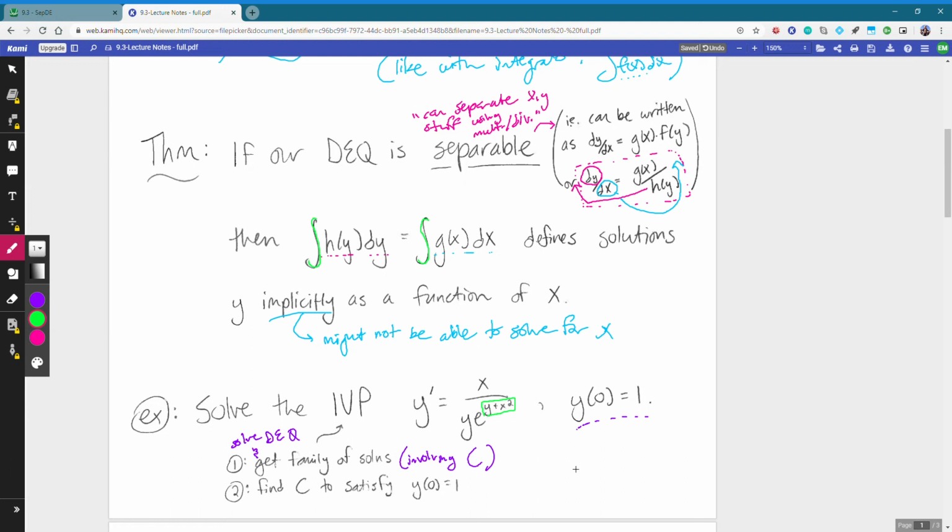Do you see how we can break this up and separate our y stuff and our x stuff? If you're thinking rules of exponents, you are absolutely on the right track. We can break this up as e to the y times e to the x squared, and with that, we've separated with multiplication our y stuff and our x stuff in our exponential, and we can work with that.